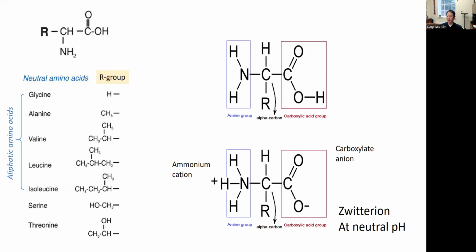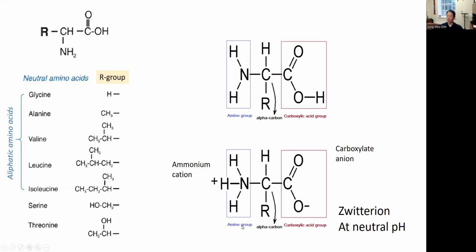That is because this nitrogen will receive an additional hydrogen, and this amine group will be positively charged, so it's a cation, the so-called ammonium cation. Whereas this carboxylic acid group or carboxyl group will lose the hydrogen and be negatively charged. So it is a carboxylate anion.